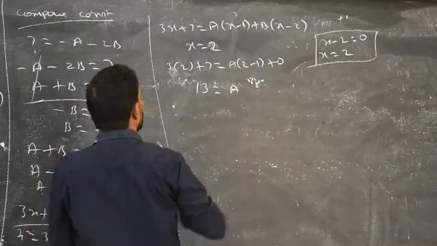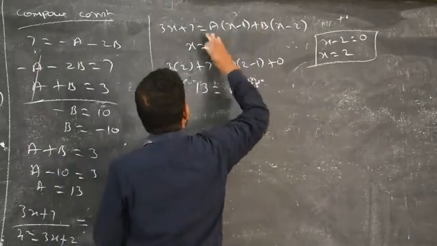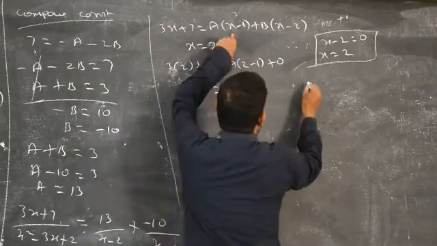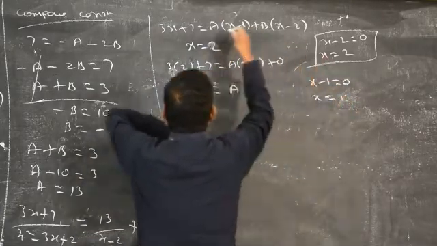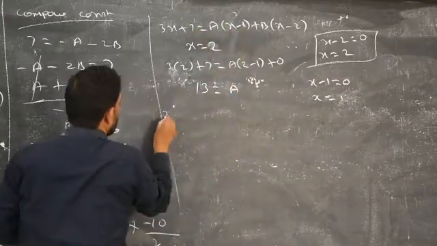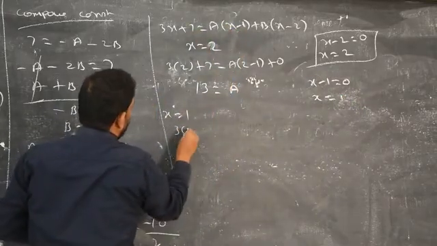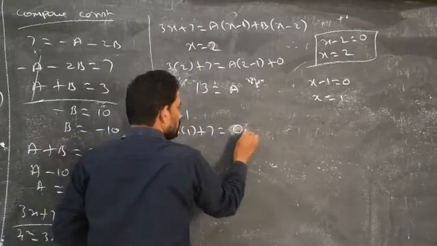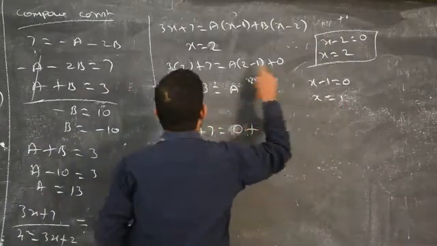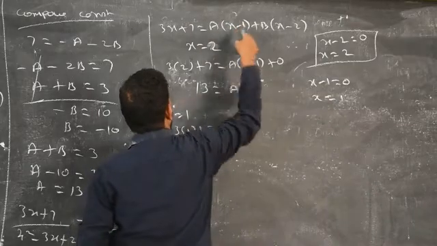Now, to make the a term 0 and get the b value, this factor should be 0. Therefore, x is equal to how much? 1. Replace x is equal to 1 on both sides. 3 of 1 plus 7, a of this will become 0, so straight away write 0 because 1 minus 1 is 0, and anything into 0 is always 0.